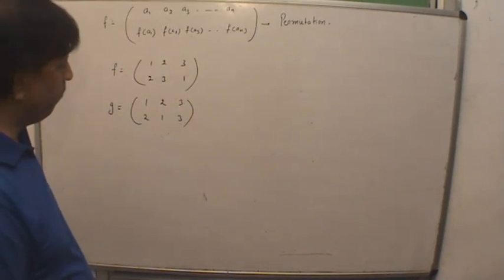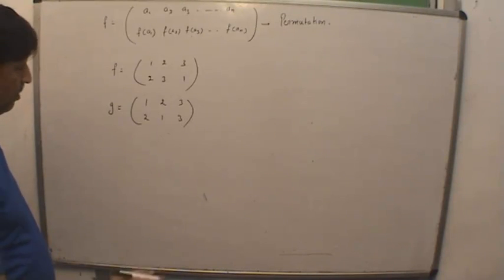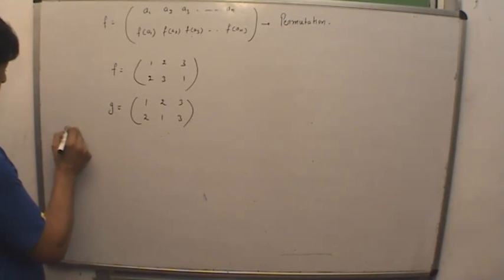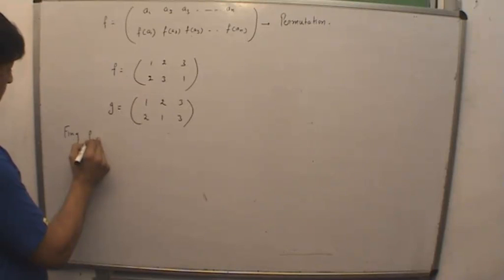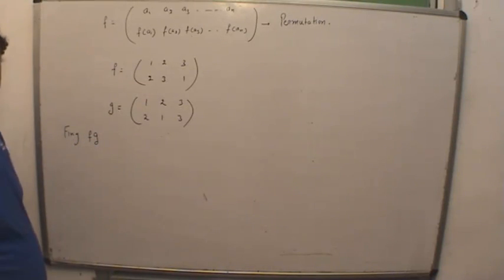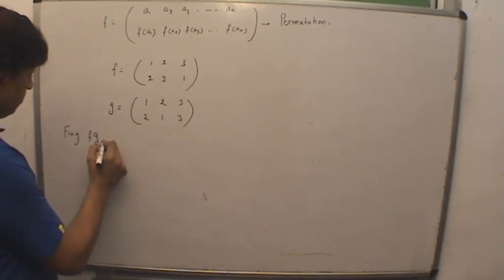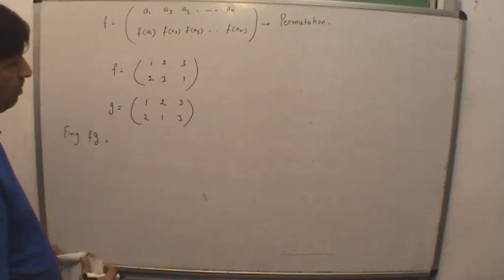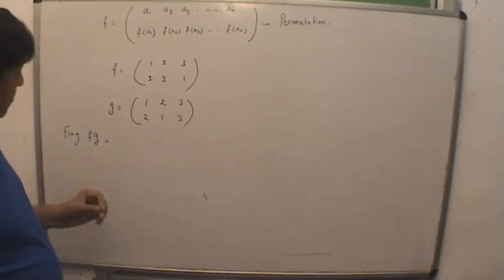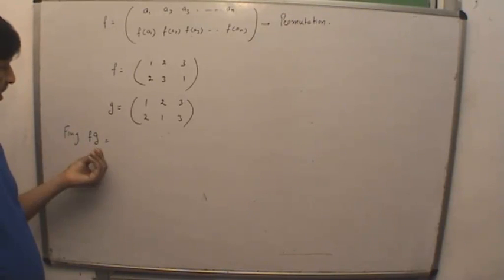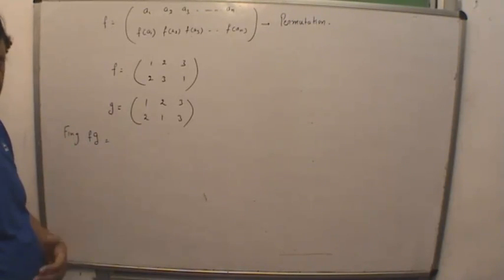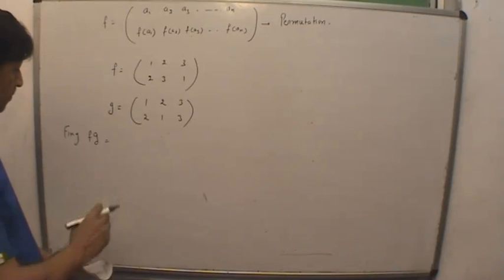These are the two functions in the form of permutation. Again, we can find f composition g. The difference is here, in place of x we have the numbers.